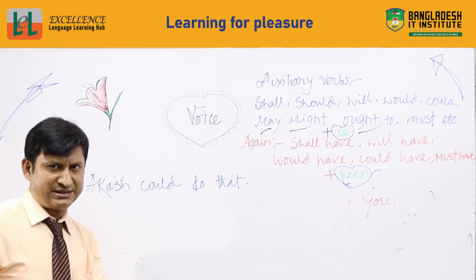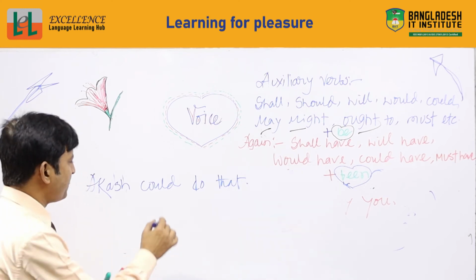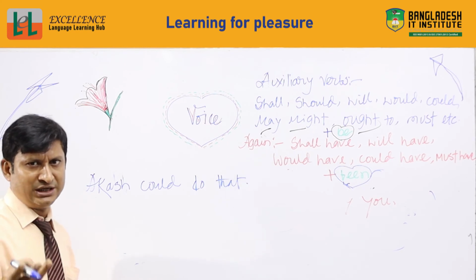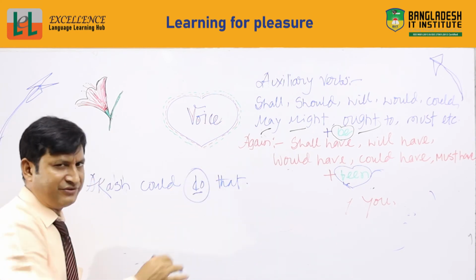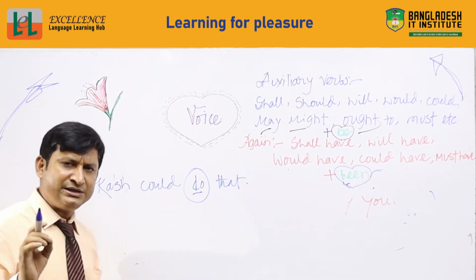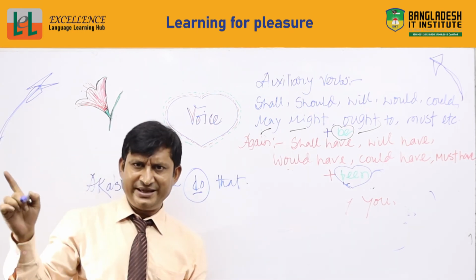He just avoided that thing to be done. So you know very well, when we get shall, should, may, might, can, could, actually the verb is base form. So Akash could do that means it was supposed to be done by him, but he didn't.